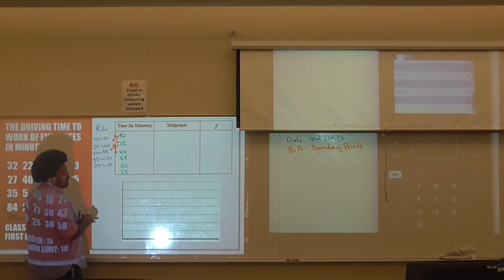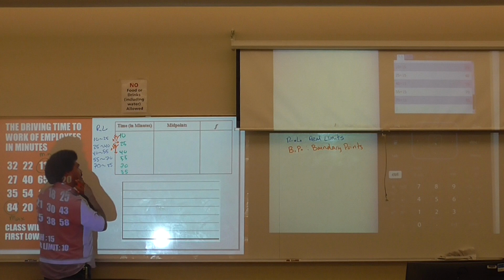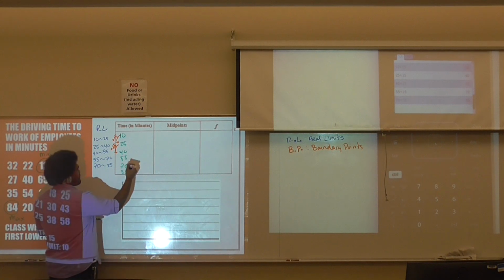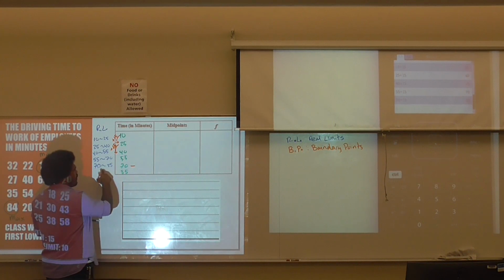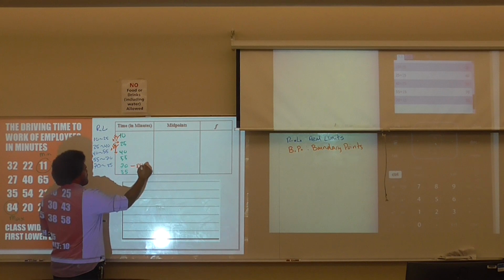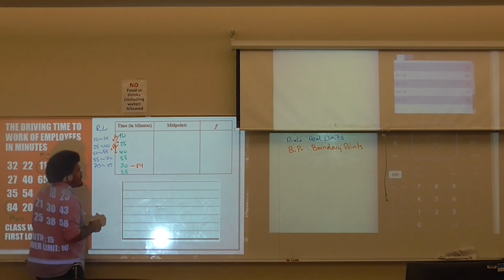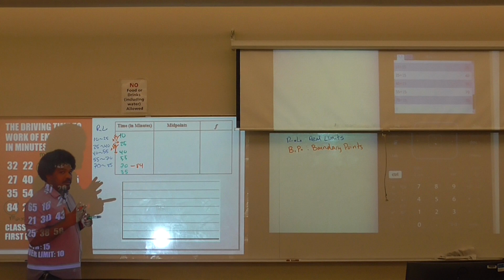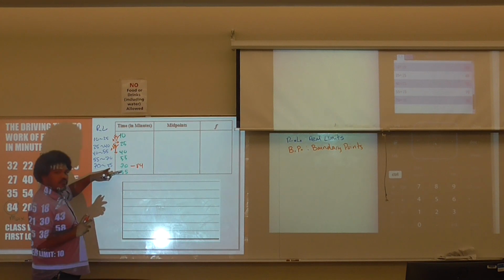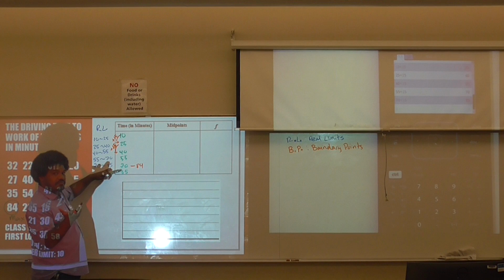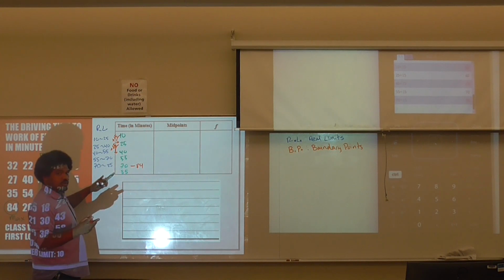So what we realize, and this is what people get a little confused on, is that when we do upper limits, we always go one less than the real limit. That's all we're doing. So if it's a real limit, I'm gonna go one less to write the upper limit. And we're gonna find out that this is just a number that resembles the upper limit. It is not the real upper limit. The real upper limit is 85. Because we can get very close to this guy, but it cannot equal or pass it. Okay, that's when the next interval should start.